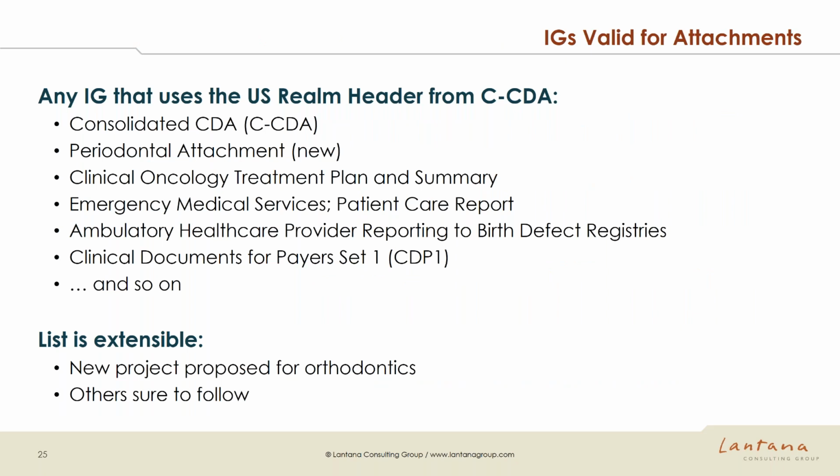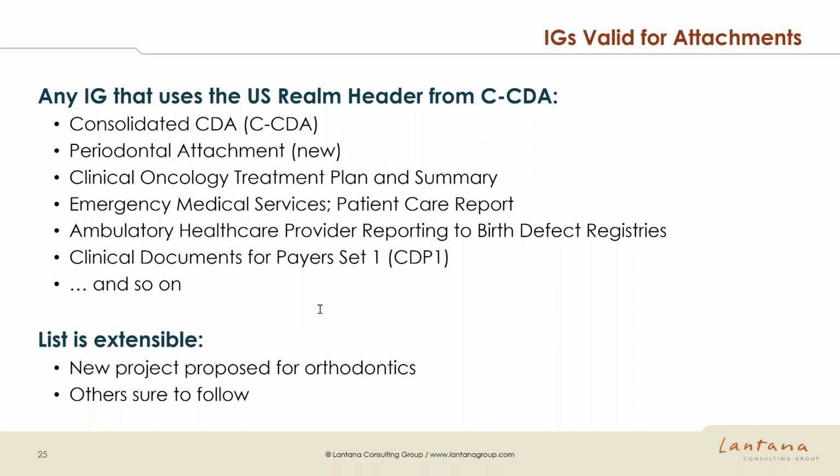There's a list of implementation guides up on the screen here, or IGs as we call them, that are legal for attachments. Again, I mentioned on the previous slide that all the ones that use the US Realm header are legal. This is just a short list of the ones currently that support that. Consolidated CDA, where the US Realm header was defined. There's a new periodontal attachment implementation guide out, the clinical oncology treatment and summary plan, and so on and so forth.